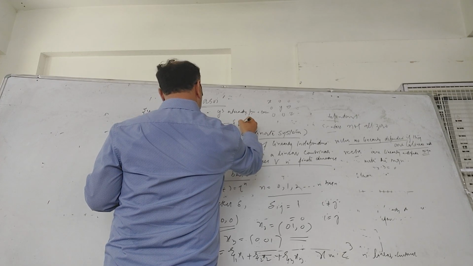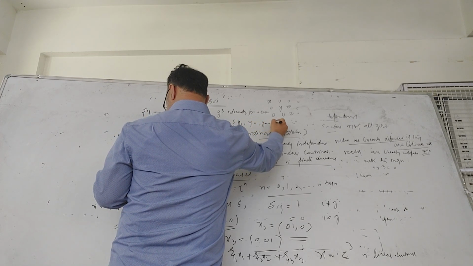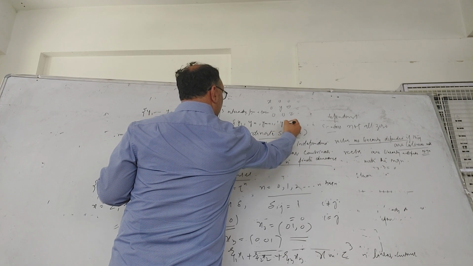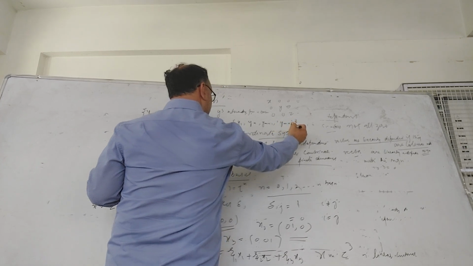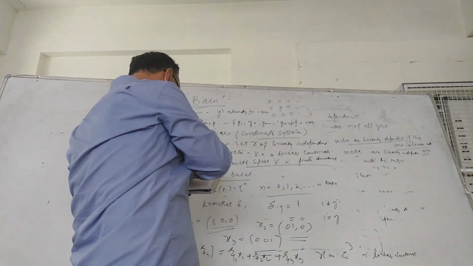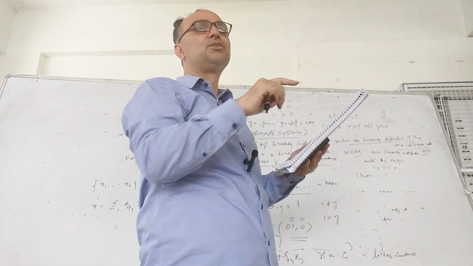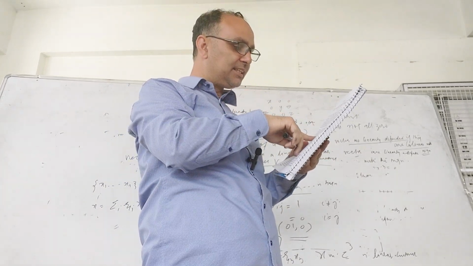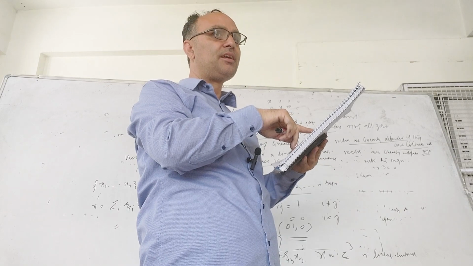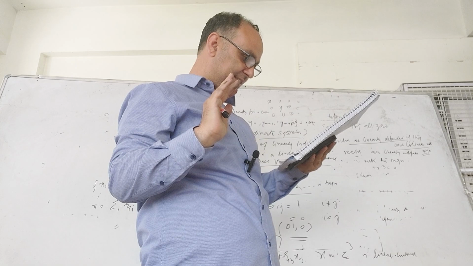So we can have y1, ..., ym, ..., ym plus p is a basis. In other words, any linearly independent set can be extended to a basis. Any linearly independent set can be extended to a basis in that general sense.